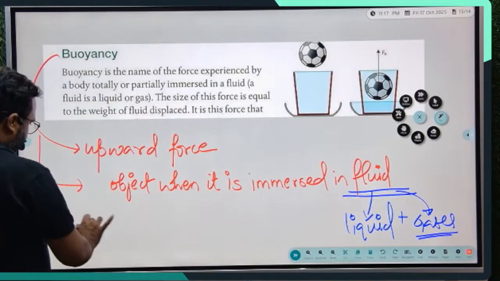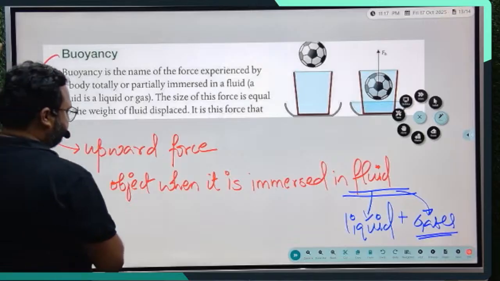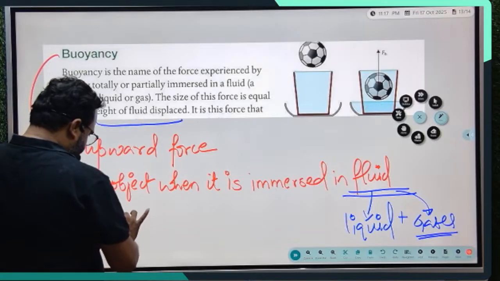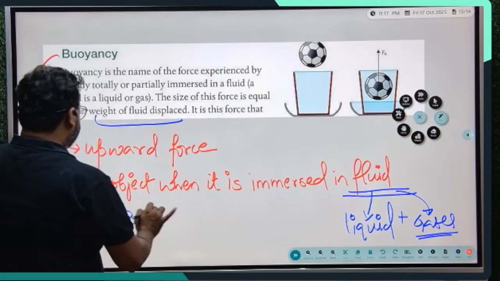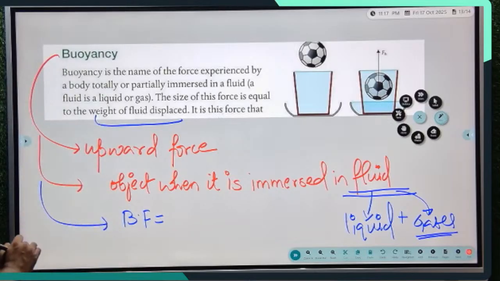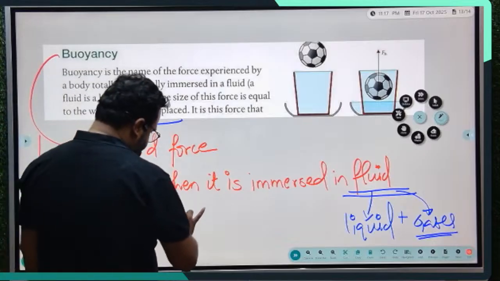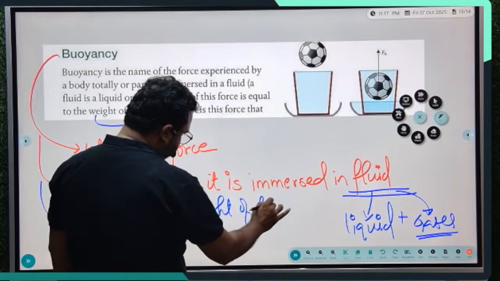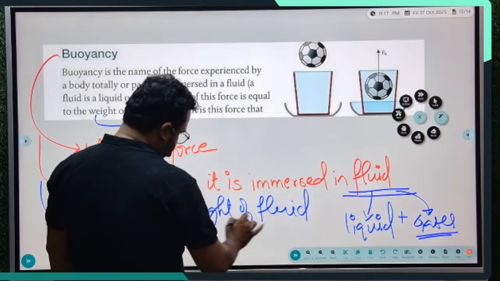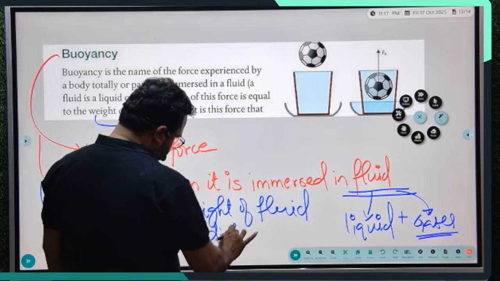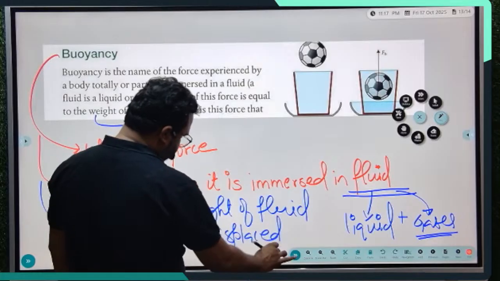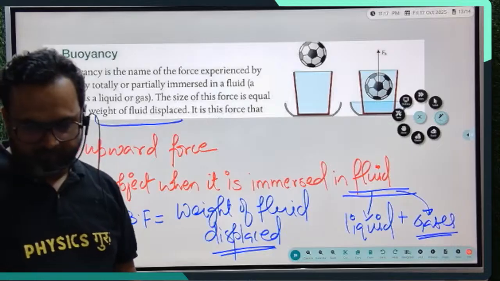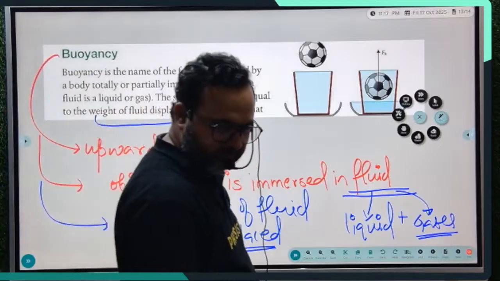This force is always equal to the weight of the fluid displaced. So the buoyant force is always equal to the weight of the fluid displaced. Any doubt?